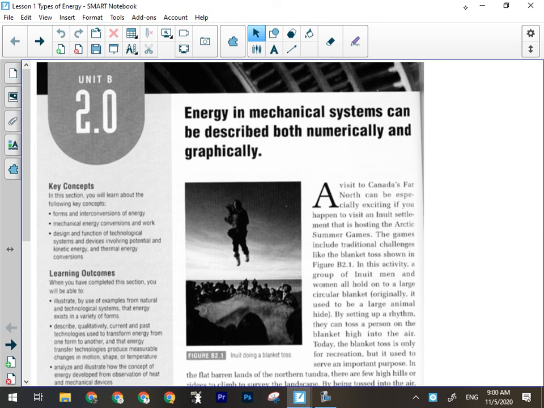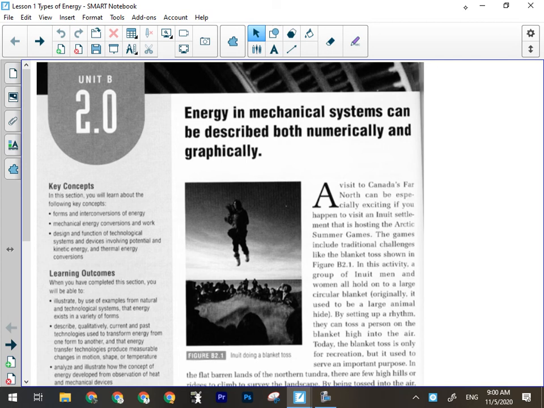Now, in order to do this, it involves several energy conversions. What's the initial source of energy for this person who's going to be up in the air? Chemical energy, in the form of the food the people moving the blanket have consumed. As they pull on the blanket, they're converting that chemical energy in their cells into mechanical energy, changing the shape of their muscles, and that mechanical energy is pulling up on the blanket.